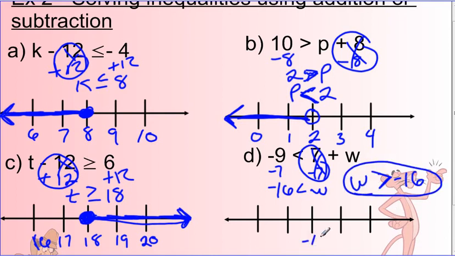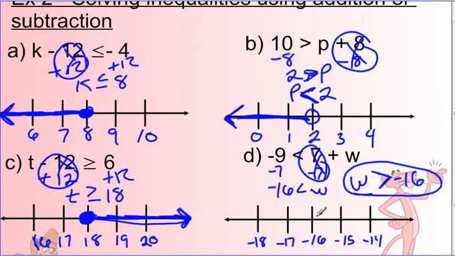So we put negative 16. Now, bigger than negative 16 would be negative 15, negative 14. These are bigger because they have less negatives. These are smaller because they have more negatives. Now, dot.